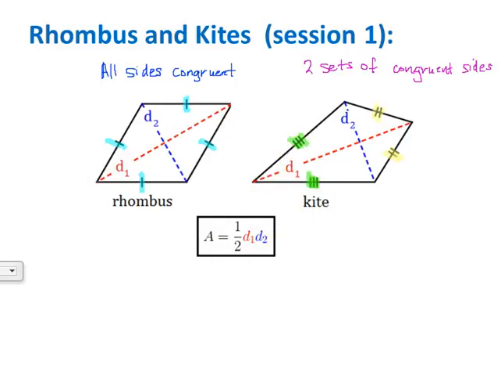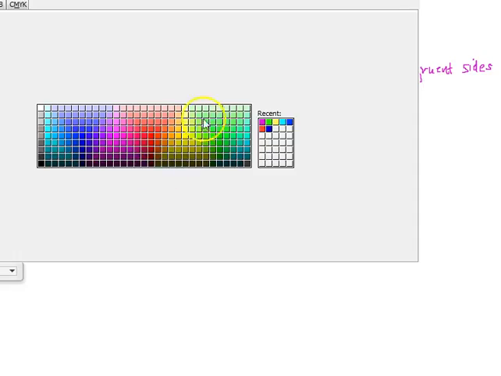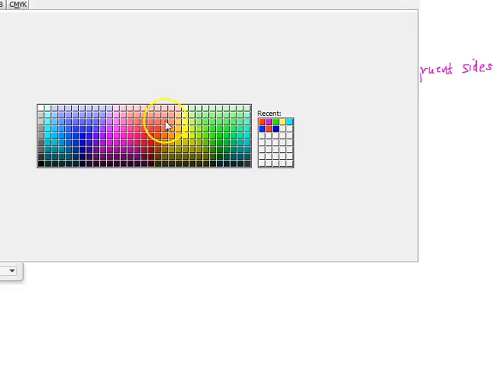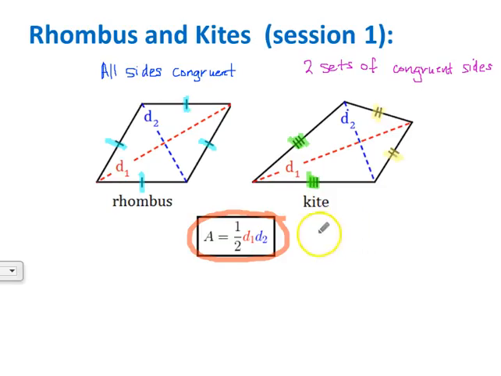And the formula to find the area of both is actually the same. This formula is right here, and we use it to find the area of both rhombuses and kites. So the area is 1/2. Oh, I've got a D1 and D2. What does that mean? D1 and D2 mean diagonals.